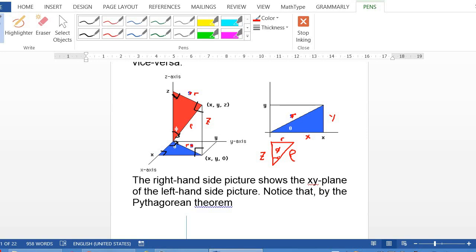By taking sin phi, sin phi will be r over rho, or r is rho sin phi. By taking cos phi, cos phi will be z over rho. Hence, z is rho cos phi.